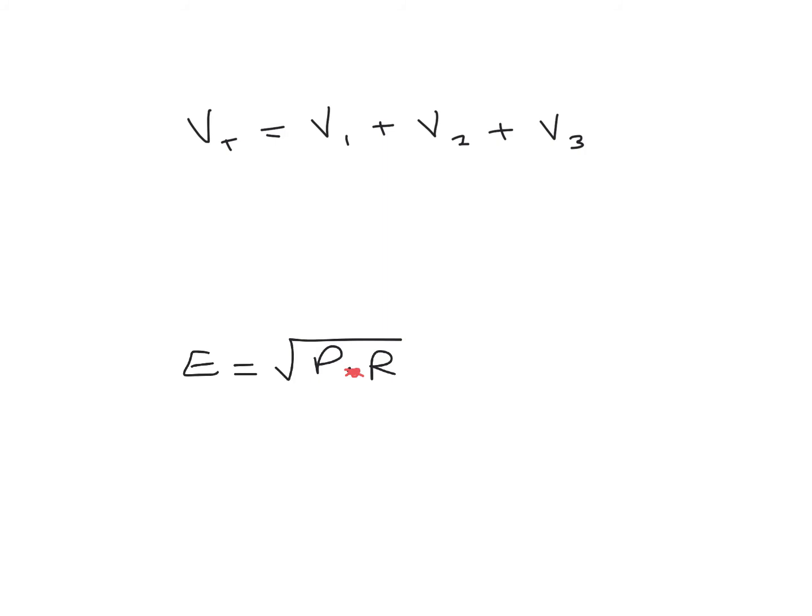Okay, so this formula that I've written down here only works if you want to solve for E, the voltage. If you're required, for example, to solve for the P or the R, the power or the resistance, you would have to get at those letters which are currently trapped under a square root sign.